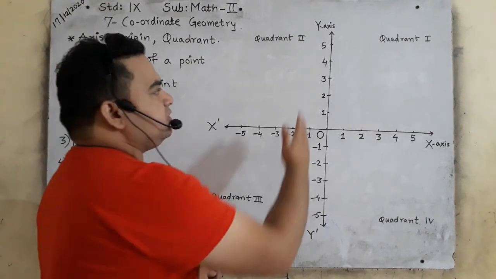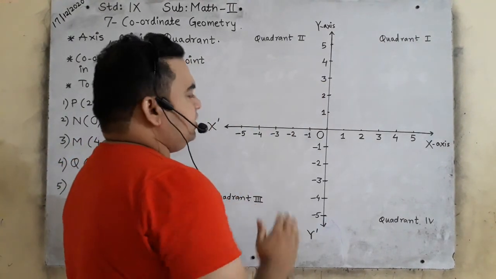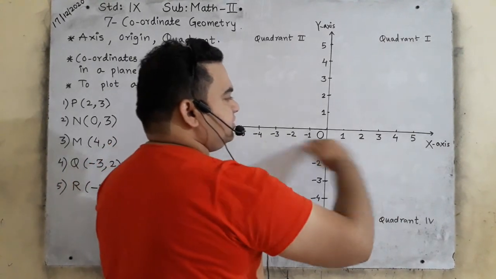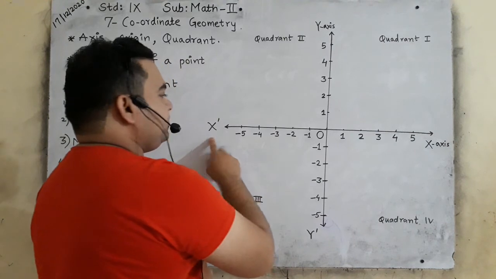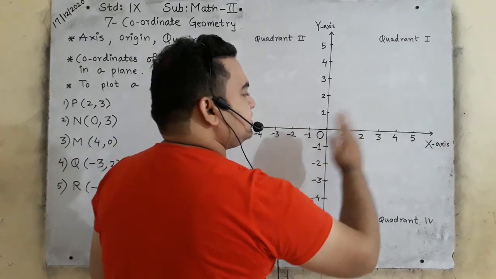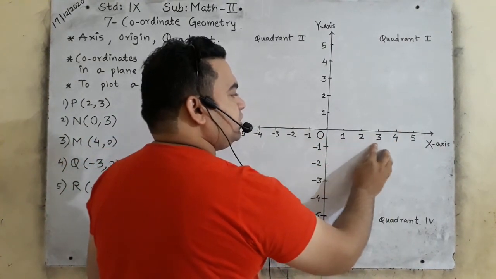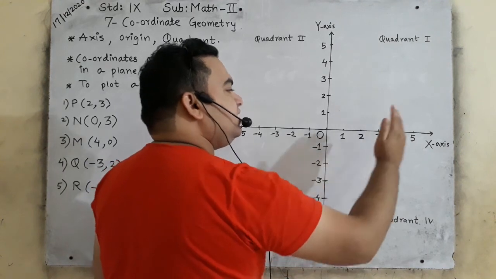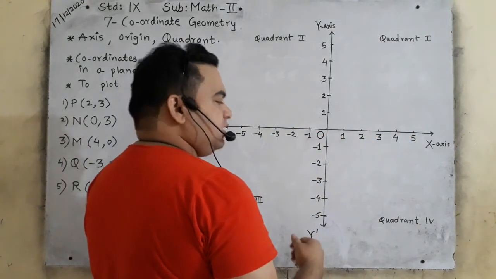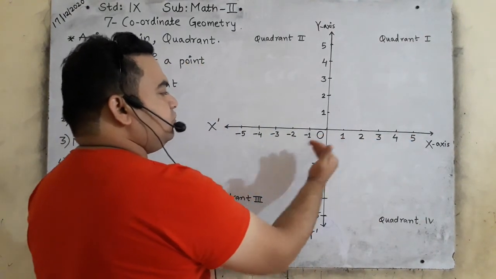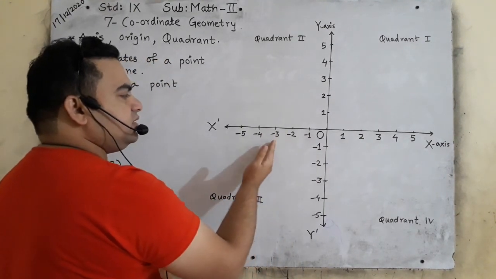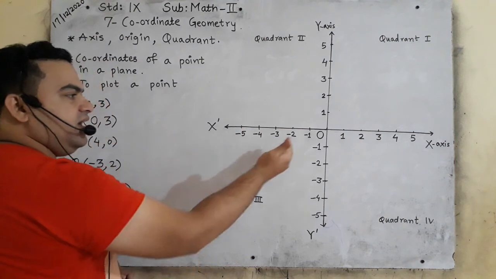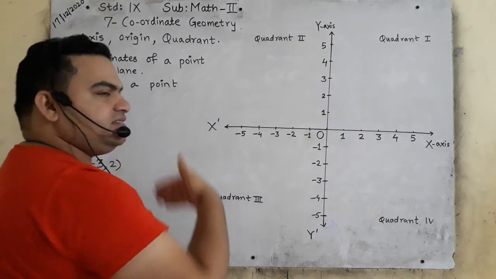We know here, see, this is a graph. The horizontal line is called the x-axis, right? On the right hand side, all the numbers are positive: 1, 2, 3, 4, 5, in increasing order. The left hand side of the origin, all the numbers are negative: -1, -2, -3, -4, -5, decreasing to the left hand side.